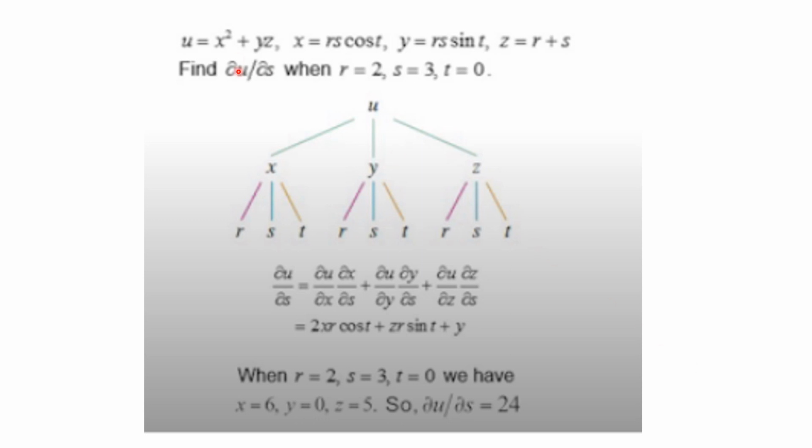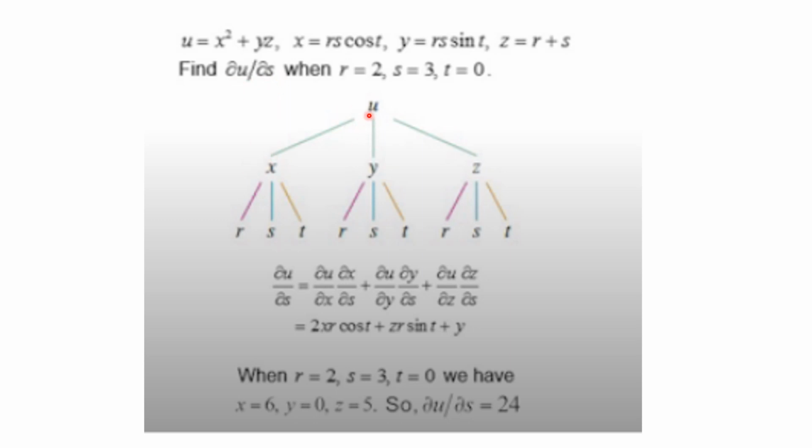And if we were asked to find this problem, then u is equal to x squared plus yz. x was rs cosine of t, y is rs sine of t, and z is r plus s. And we wanted to see u as a function of 3 variables. We again draw a tree.